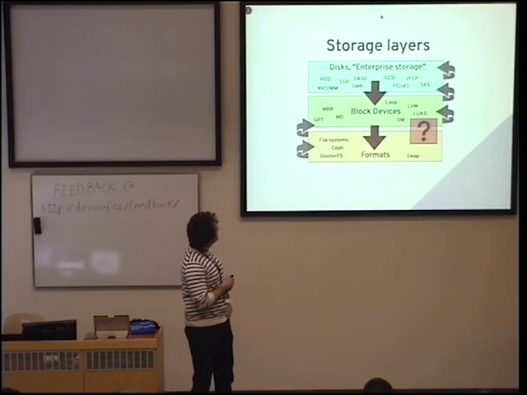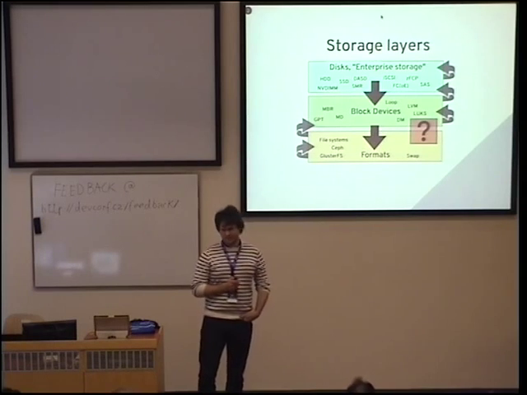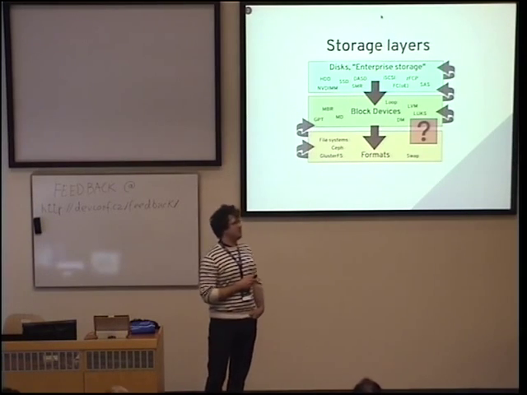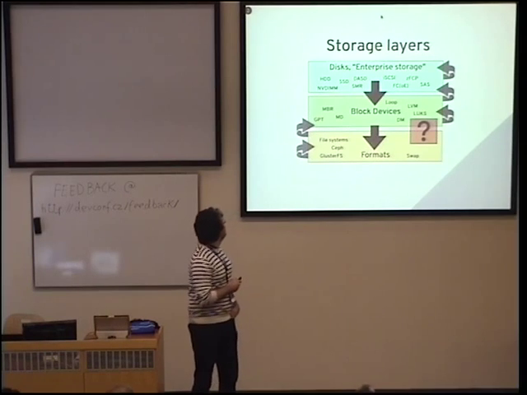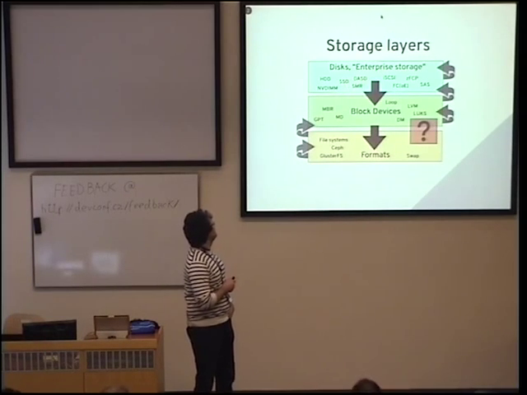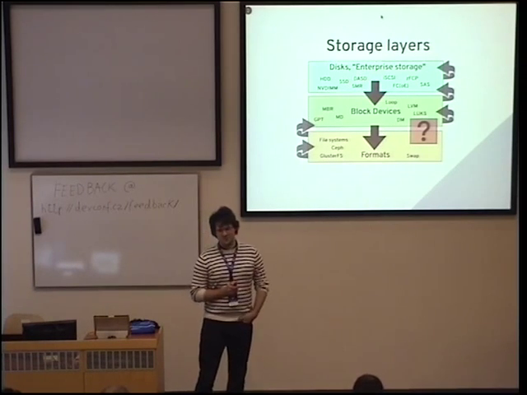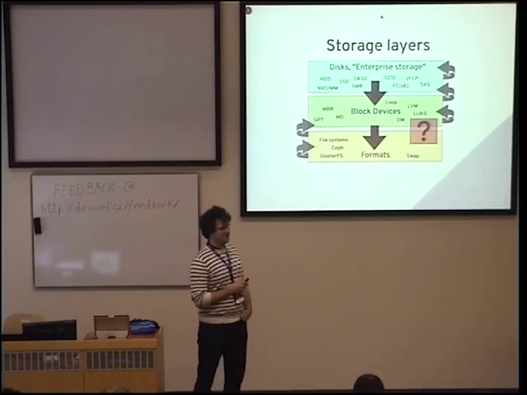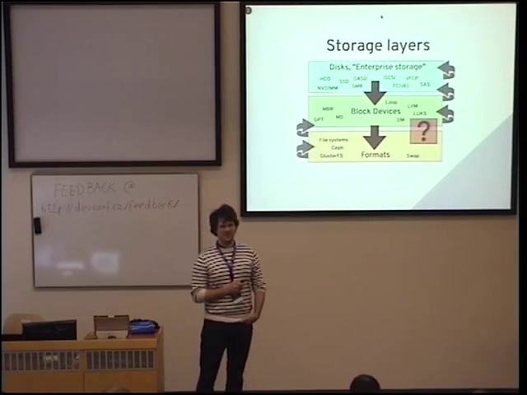But then we also have SMR, which is shingled magnetic recording, which are basically HDDs, but with a crazy capacity. And then we have some old dinosaurs like DASD, which is the IBM mainframe disk device technology or disk-like technology.